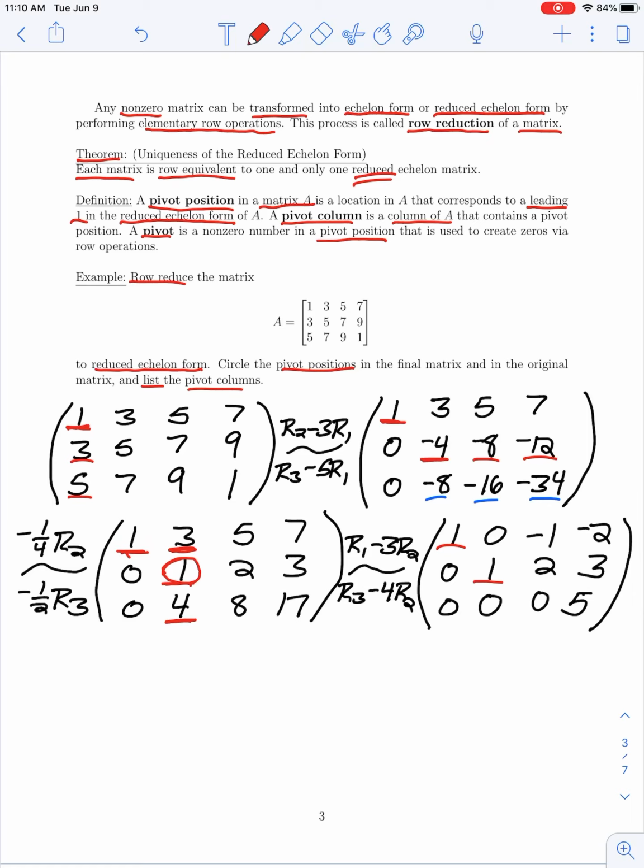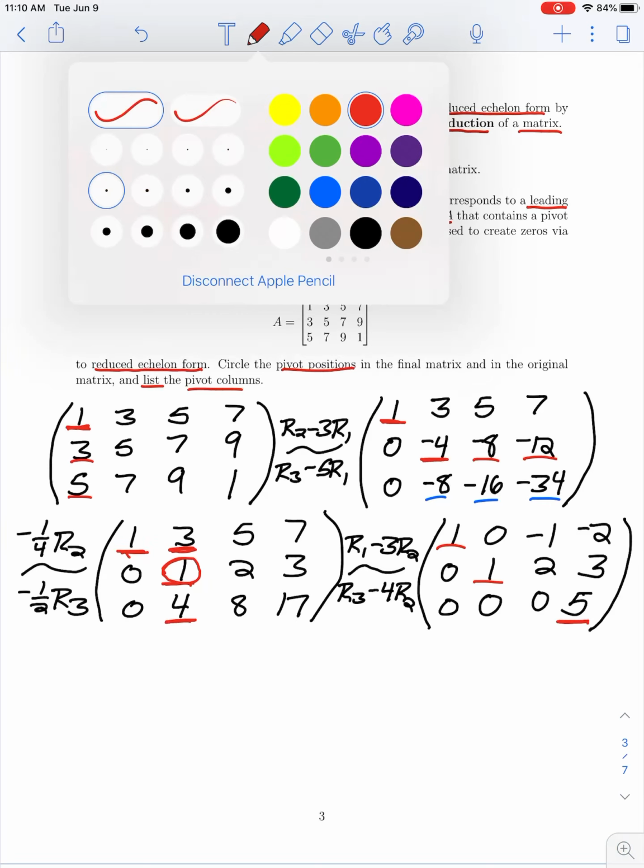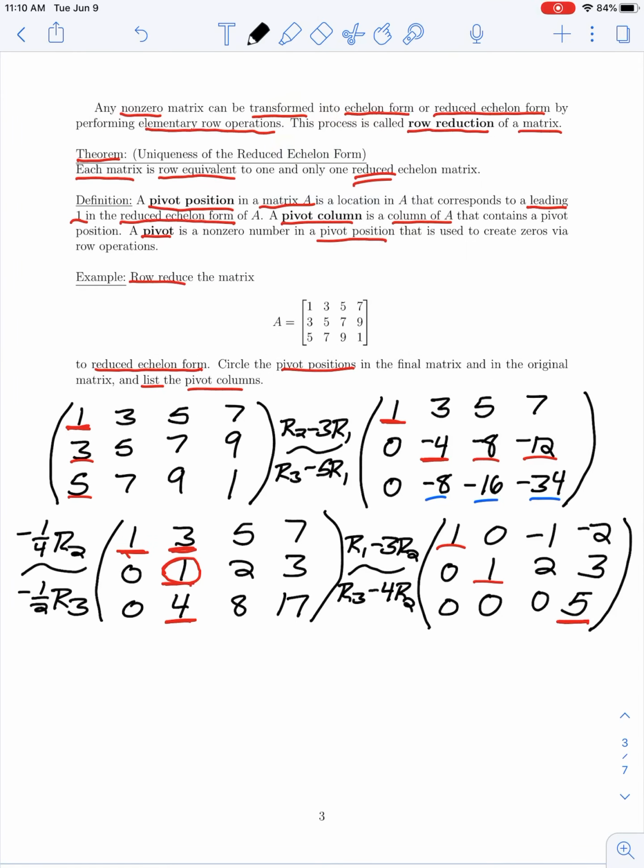Now in my last row, my leading entry is a 5, and I want it to be a 1. Remember, for reduced echelon form, we need to have a 1 for the leading entry in each row. So an easy way to get a 1 in that last row would be to take 1/5 of the third row.